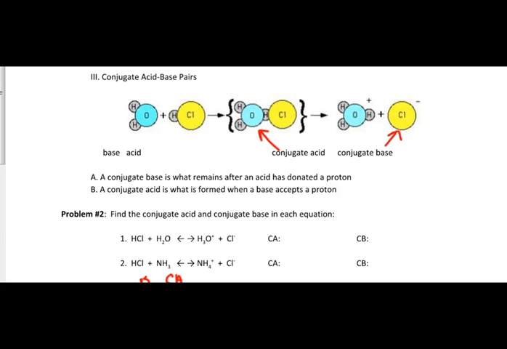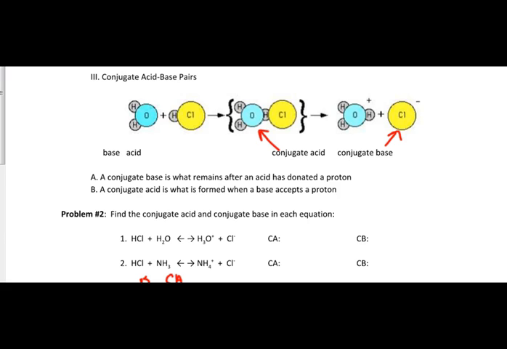Water can behave as both an acid or a base. It can either accept a proton or donate it, depending on what water is paired with. When water can behave as an acid or a base, we call that amphoteric, and that's just something you should know. I believe most teachers talked about it in honors chem.